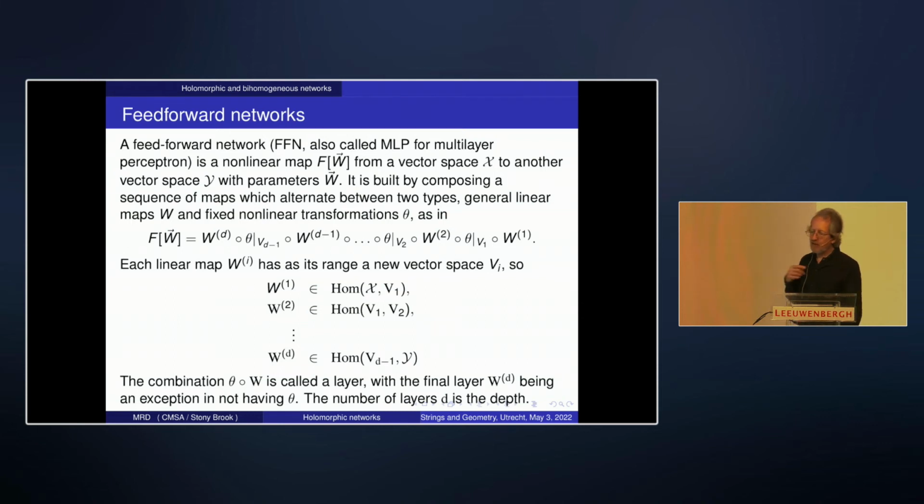There's linear maps W, just multiplying by a matrix, and then there's some fixed nonlinear map theta, which almost always, and certainly for us, is going to just work component-wise and apply some nonlinear transformation. For us, it's going to be z goes to z squared. And then you just iterate that back and forth, and the parameters are the matrix elements of these W's. And that is the feed-forward network that so famously can recognize cats and dogs and solve all these problems of machine learning.